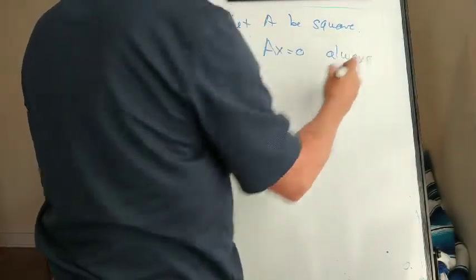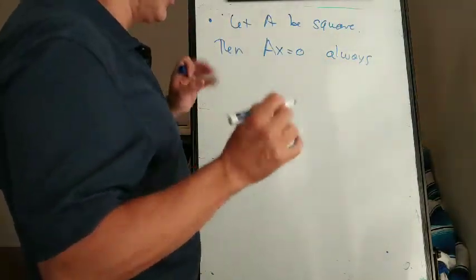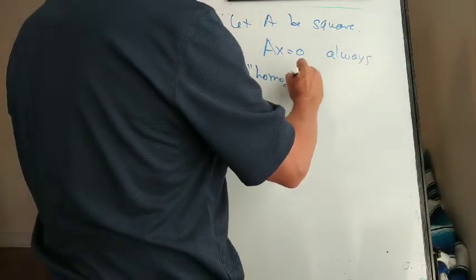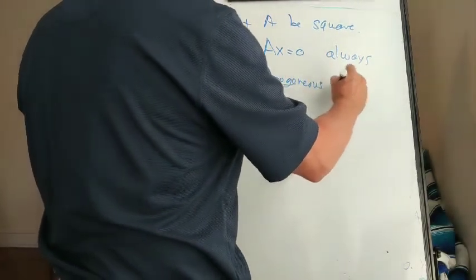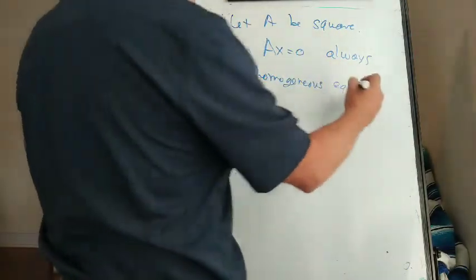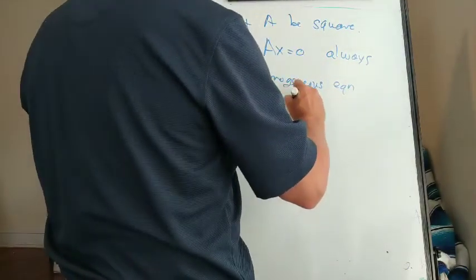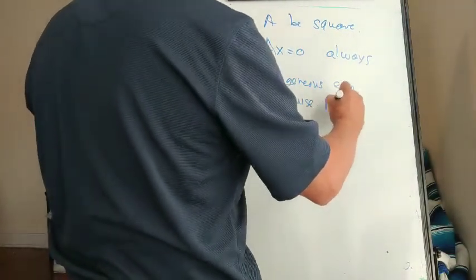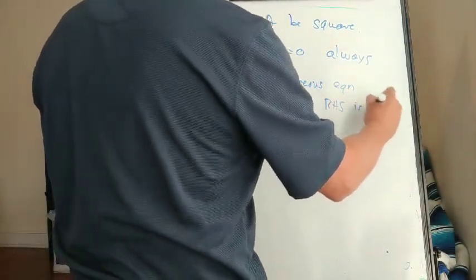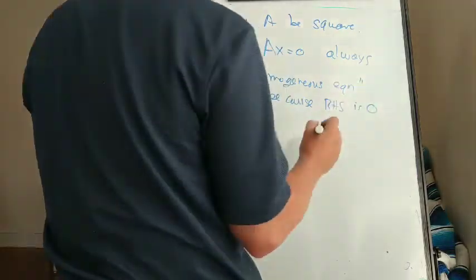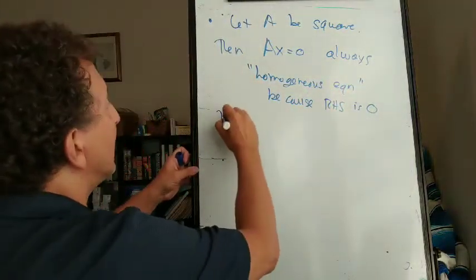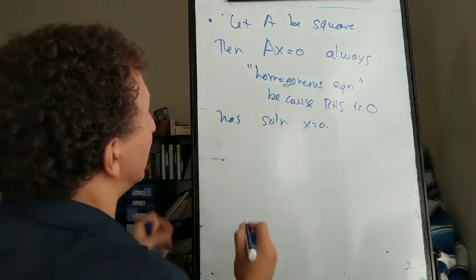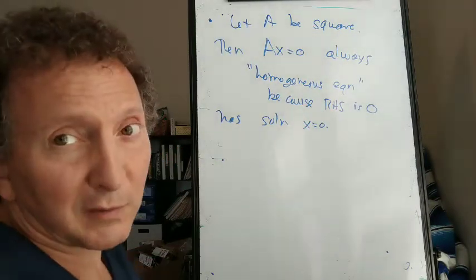Then the equation AX equals 0 is called a homogeneous equation, homogeneous because the right-hand side equals 0. This always has a solution x equals 0. If A is invertible, it's the only solution.